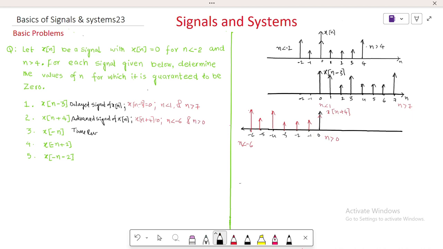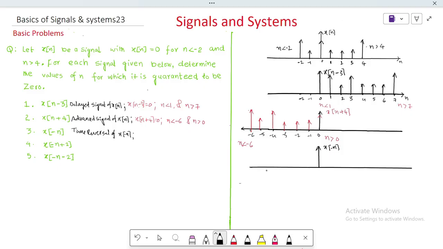Next, this is a time reversal, x of minus n. First draw this one. This is a time reversal: just place a mirror on the y-axis and take the mirror image.